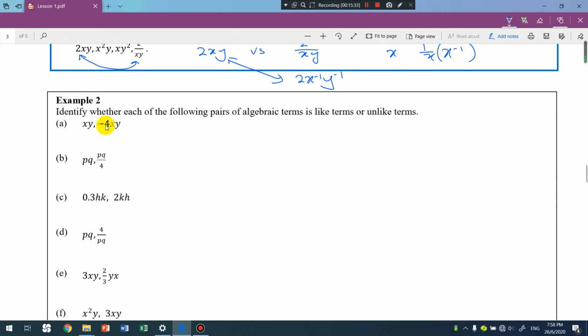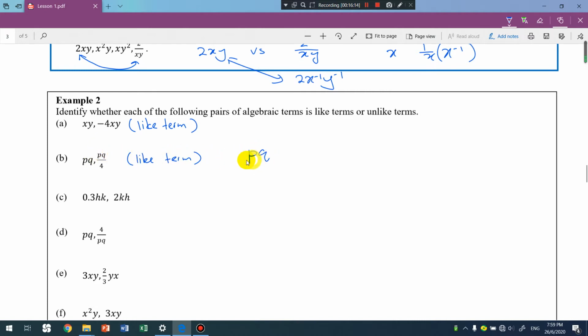When we want to determine like terms or unlike terms, what we focus on is the variable and the power of the variable. The -4, 0.3, negative, positive, that is not important. So x power 1, y power 1, exactly the same, like terms. How about this one? PQ, like terms, because it's p power 1, q power 1. Here also the same thing.